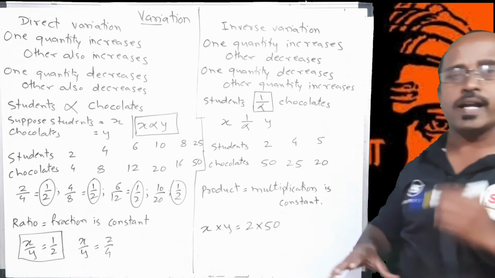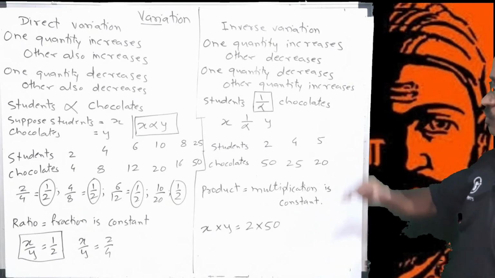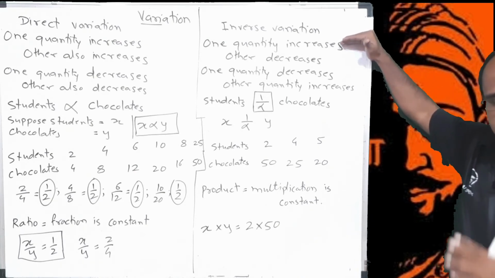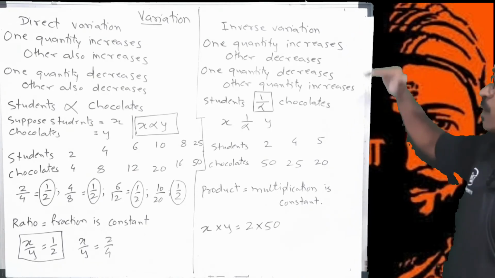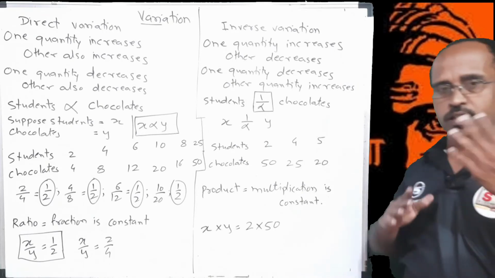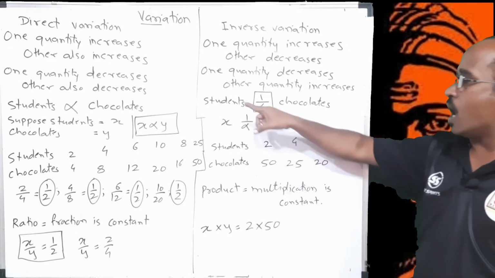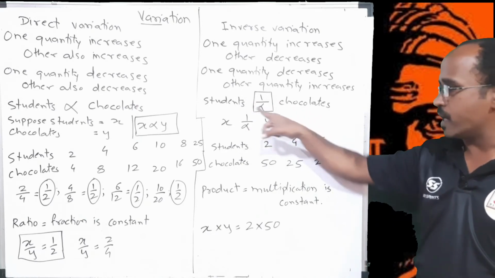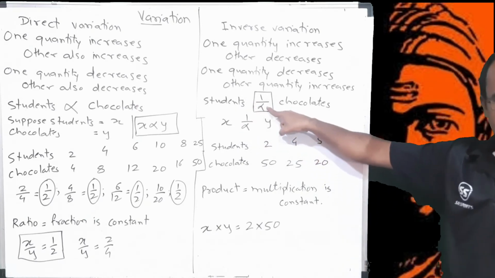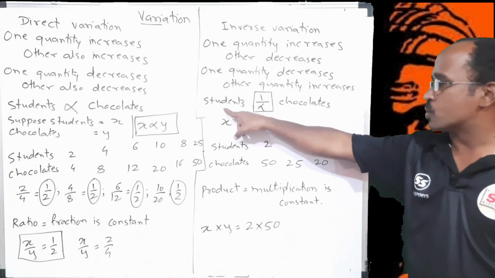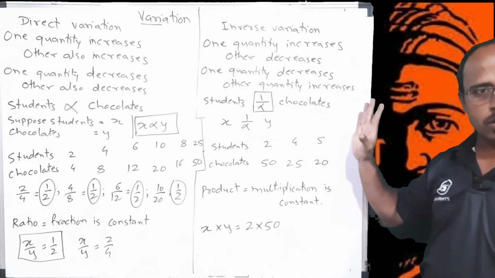So in this case, what did we learn? We learn how to identify inverse variation. In inverse variation, if one quantity increases, another quantity decreases. If one quantity decreases, another quantity increases. Then we learn how to write inverse variation. To write the inverse variation, we have to write the reciprocal of alpha. Students inversely varies with chocolates.